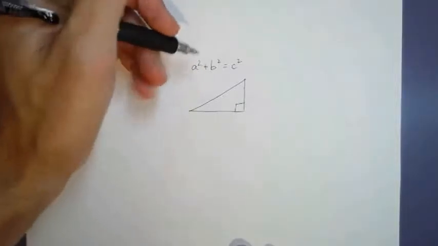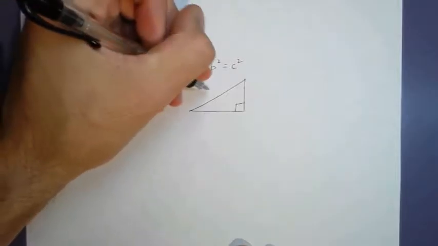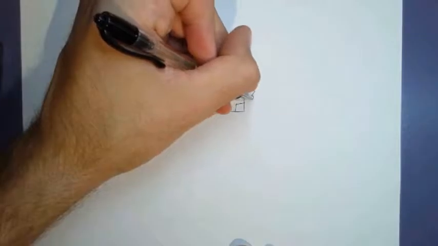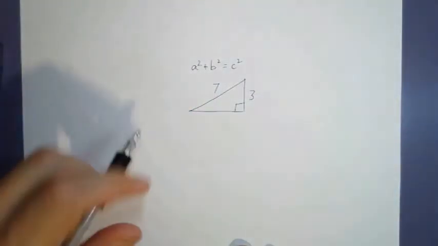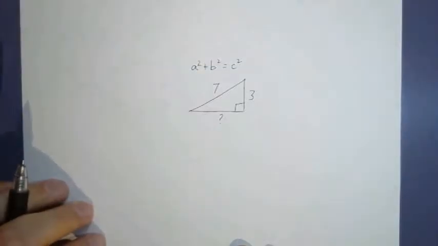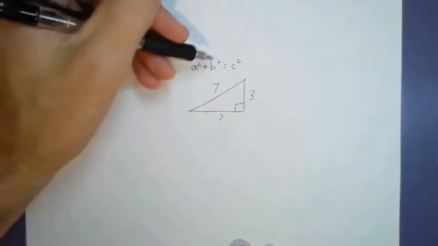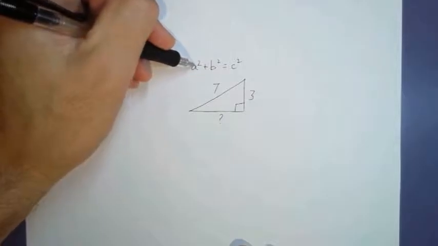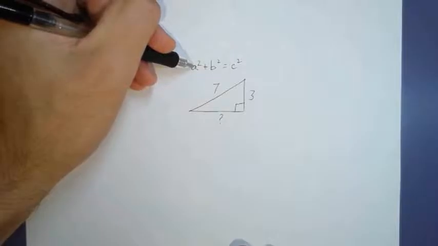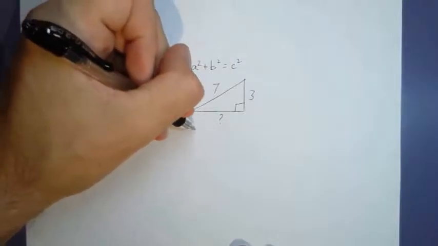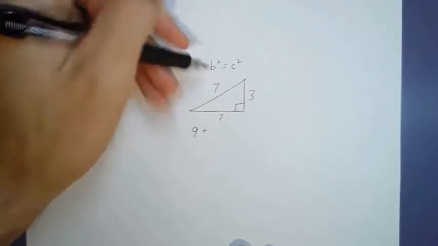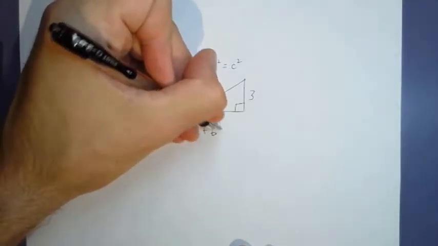So if I'm given a problem where my hypotenuse is 7 and let's say the short leg is 3, we want to find this other leg in a right triangle. So let's call this a, 3. So 3 squared is 9. 9 plus, let's call our missing side, the unknown, b squared.